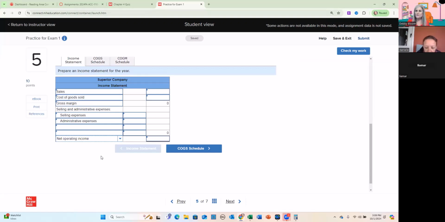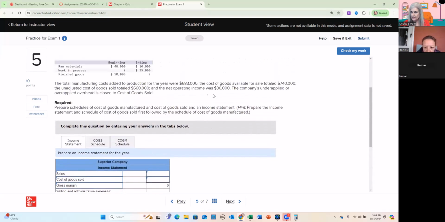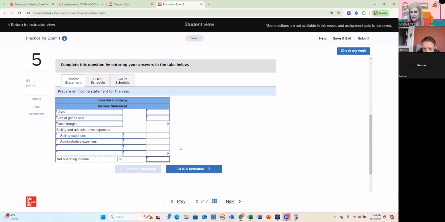So let's start filling in all of the information that we're given and try to work through what we're not given. Notice over here, we're told that the net operating income is $30,000. So I already know that my net operating income has to come down to $30,000.